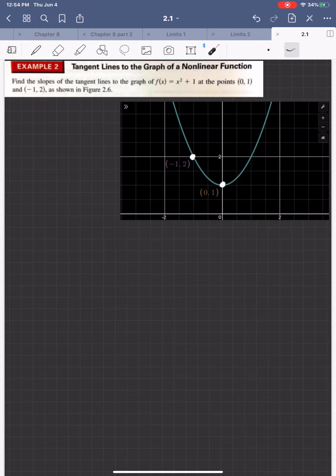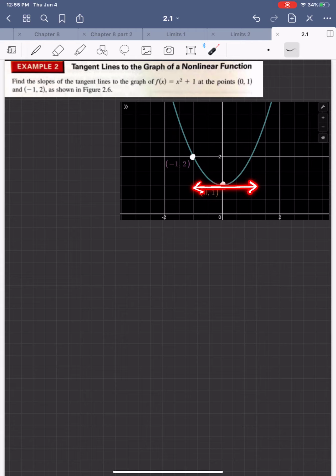The goal is to be able to say that the slope of the tangent line to the curve at this point is something, and that's what we want to be able to say in just a second. So before we get started, if I had to draw a line that runs tangential to this point, it would look something like this.